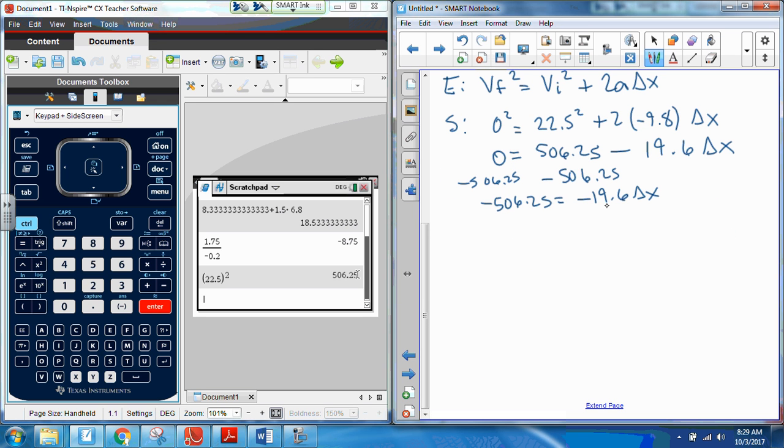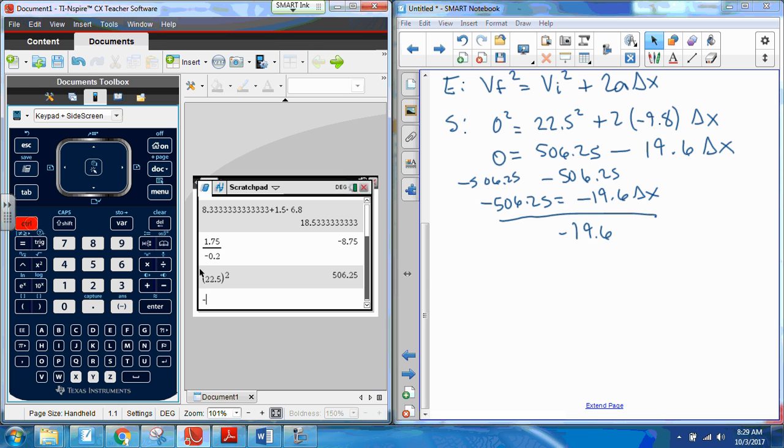Okay, what is the negative 19.6 doing to the delta x? Yeah, it's multiplying. The opposite is divide. Okay, so I come over here to my calculator, and I have negative 506.25 divided by negative 19.6.